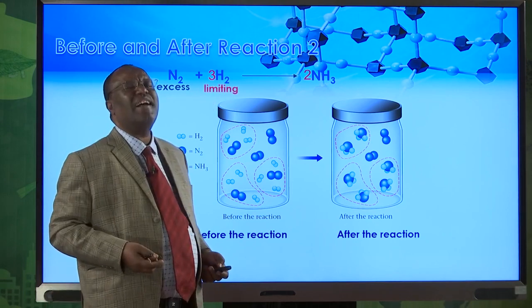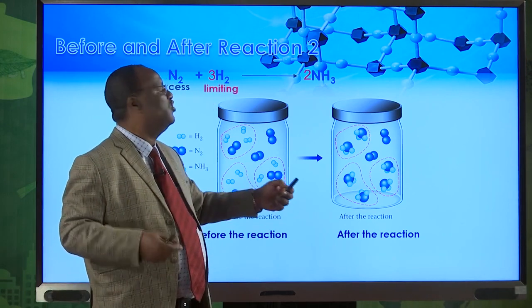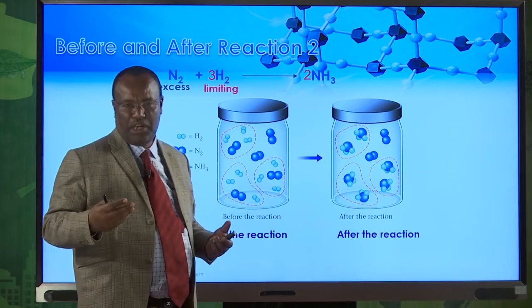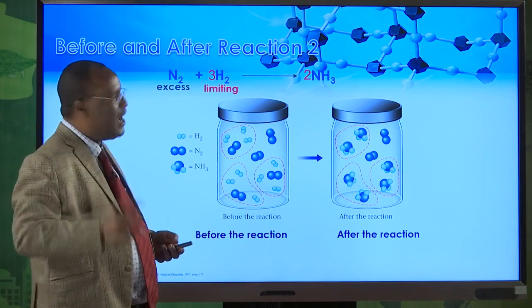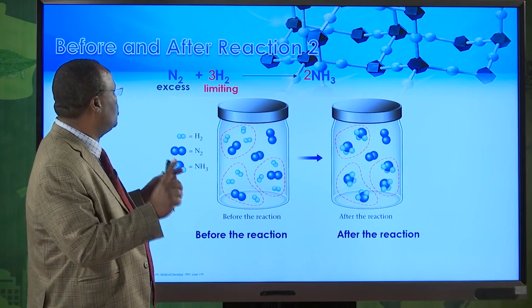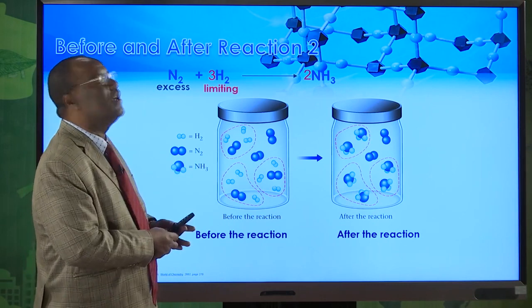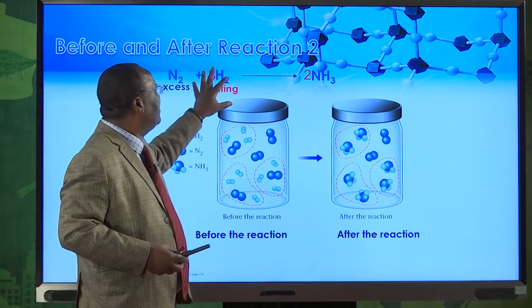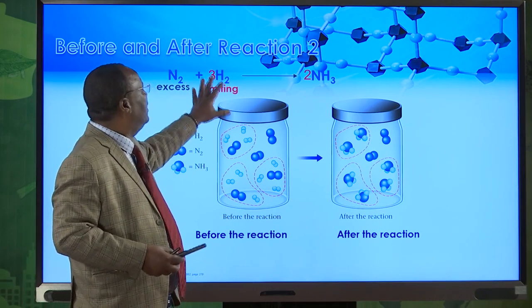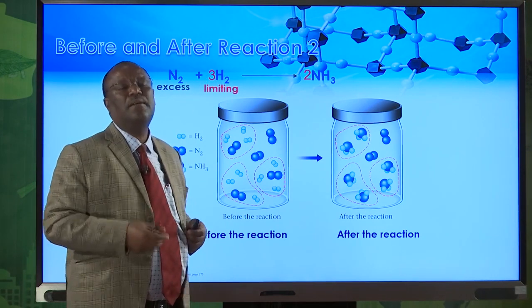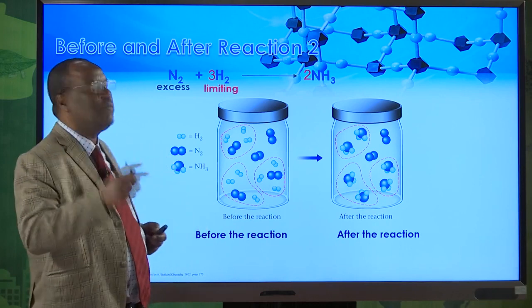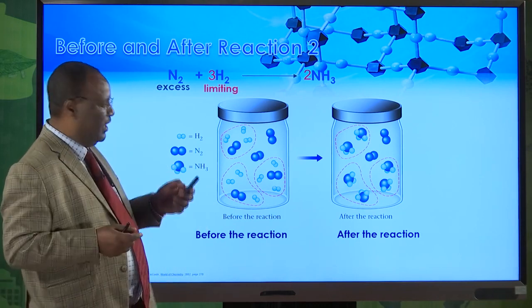Hydrogen is the limiting reactant because all hydrogen molecules are used up in the formation of ammonia. So the one that is used up completely is said to be the limiting reactant. In this reaction, it is hydrogen that limits the amount of ammonia produced. So hydrogen is a limiting reactant.